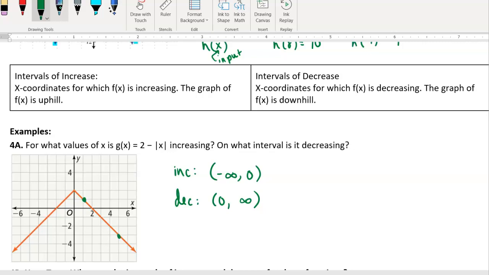So as the x values get bigger between negative infinity and 0, the values for y are getting bigger. As the values for x get bigger from 0 to infinity, the values for y decrease. They go down. So it's very similar to describing where it's positive or negative. We still use the x-axis to make those descriptions.